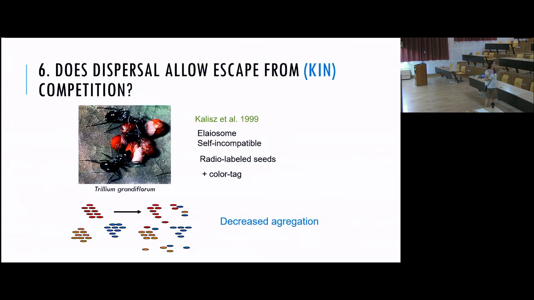So it's not always obvious that dispersal decreases aggregation, because the ants could also aggregate the seeds even more, because they form little piles of them. But this gave support to the idea that was in the literature for a very long time, that indeed dispersal evolves because it allows reducing competition between seedlings.